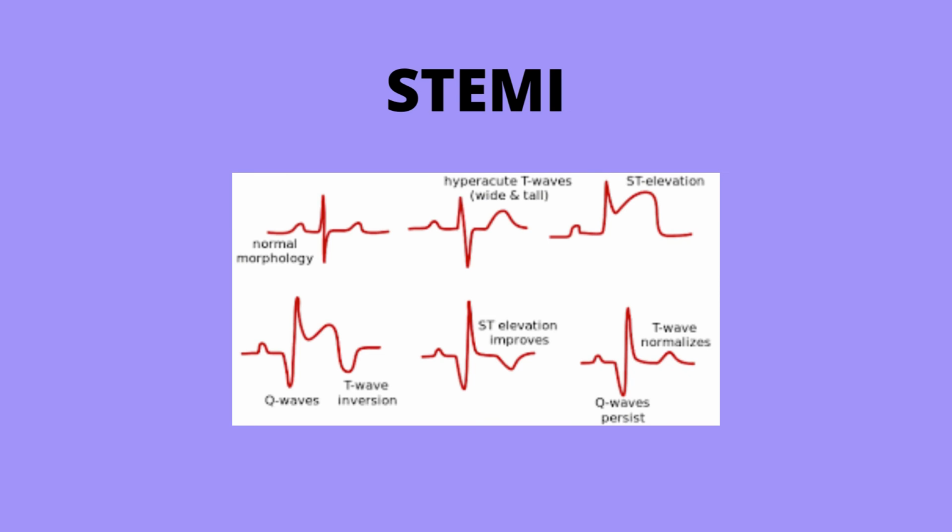Intermediate, the next picture, the fifth one, days to weeks. Q wave is positive, T inversion also positive. So it shows that the MI is days to weeks old. Next, late, months. Q wave persists but the T wave is back to normal.